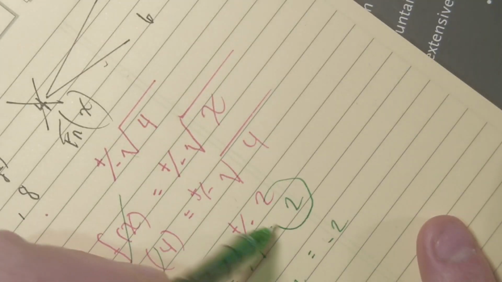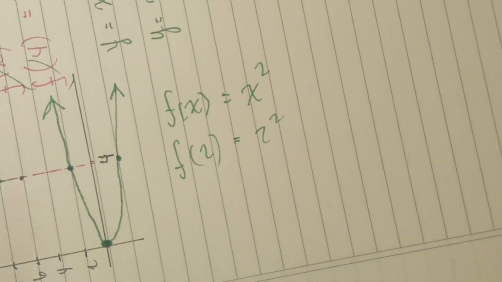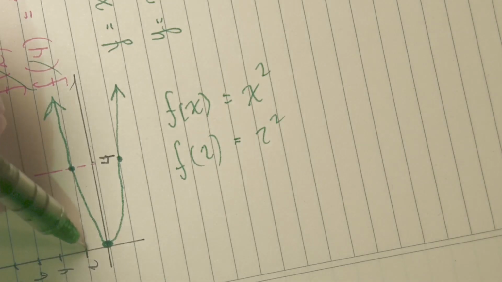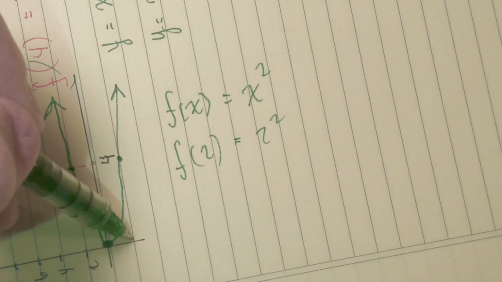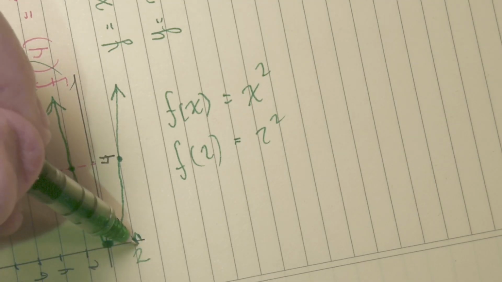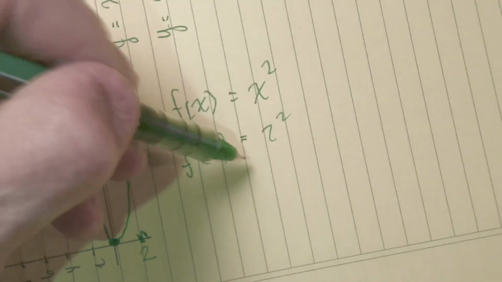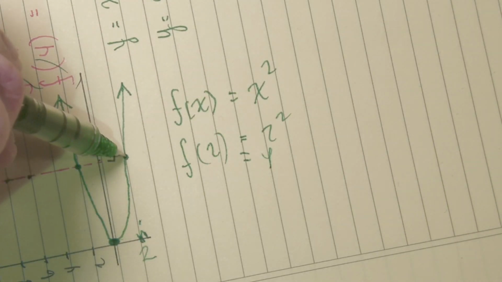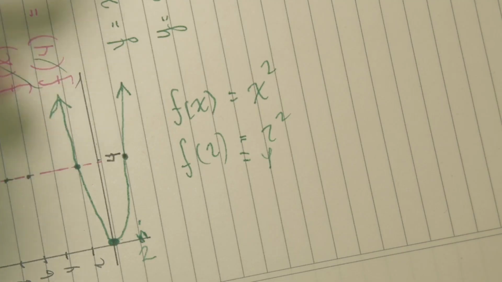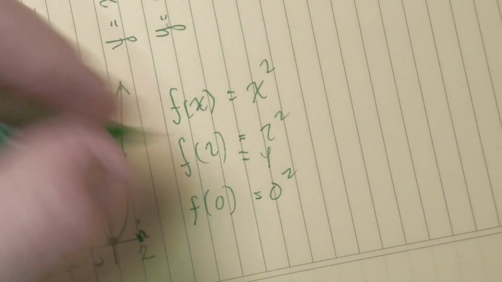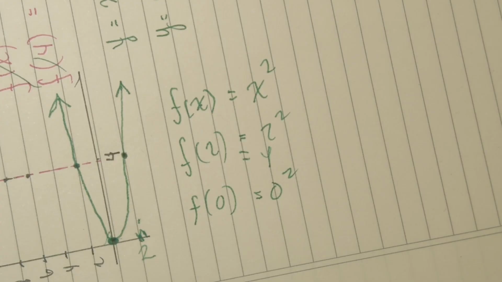This is solution 1. Plug it back in over here. I would say, well, I put in 2, so I'm going to go right 2. That's 2. And then 2 squared is 4. So I'm going to go up 4. There's my point. f of 0 equals 0 squared. Well, that's just 0. There's where that origin dot comes from.